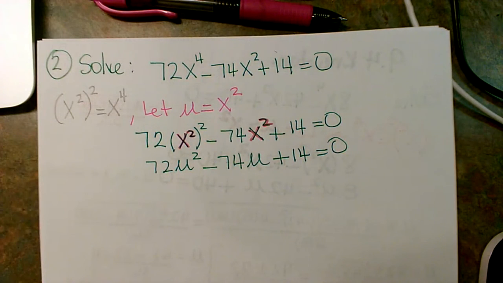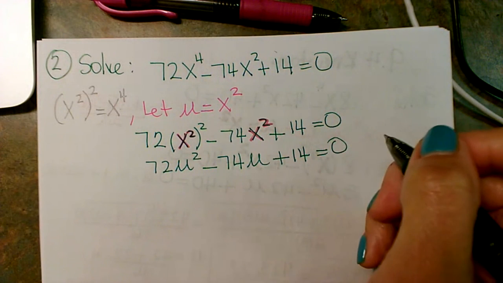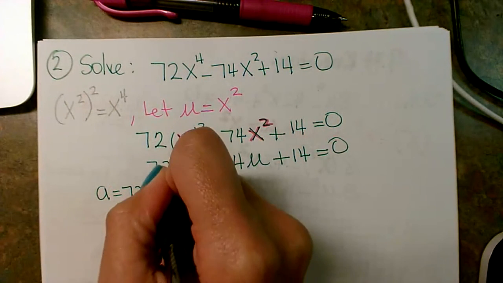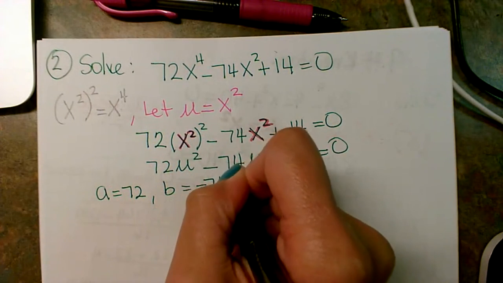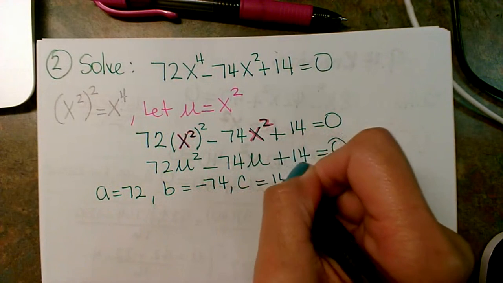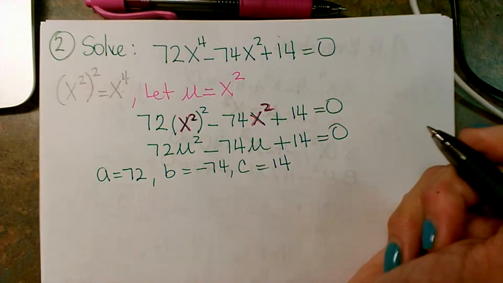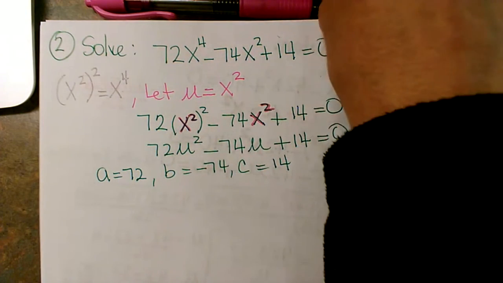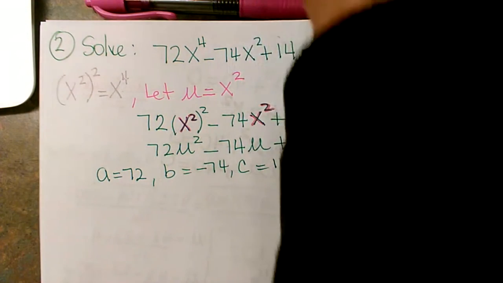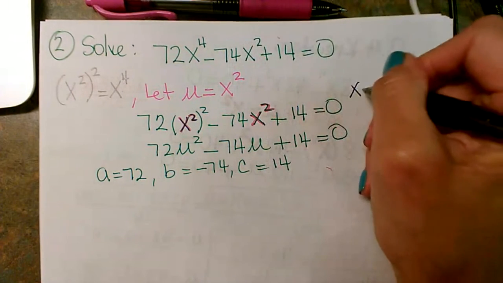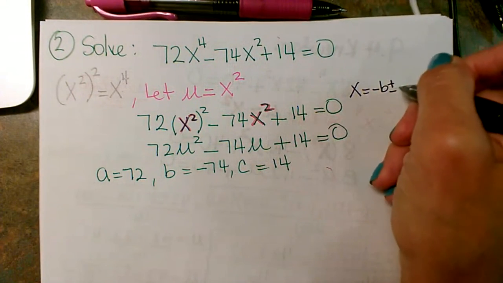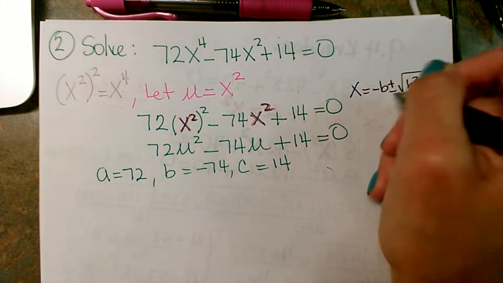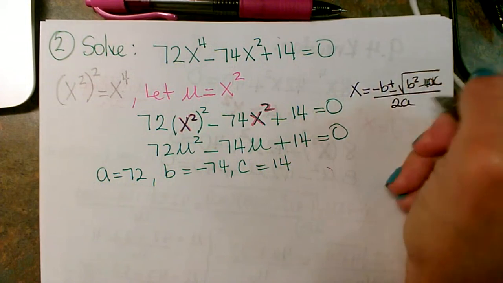And we do the same thing. A is 72, B is negative 74, and C is 14. And we're going to apply the quadratic formula. And here's the quadratic formula. B squared minus 4AC over 2A.